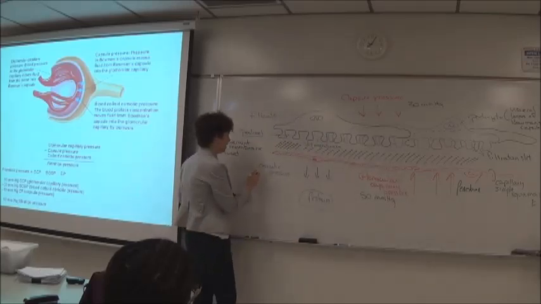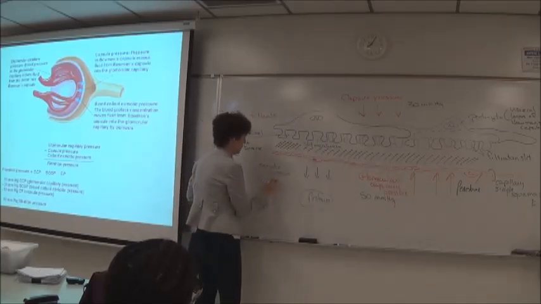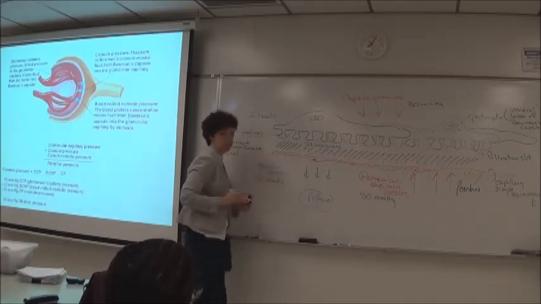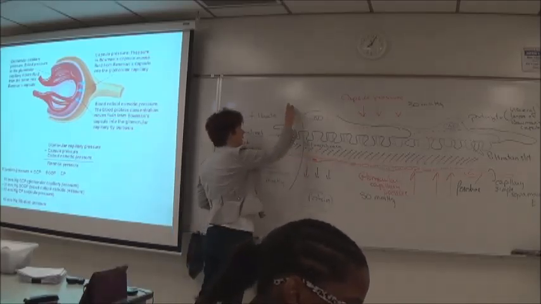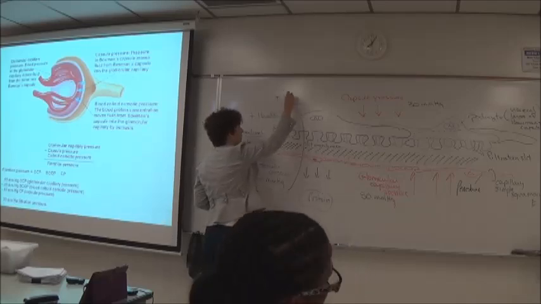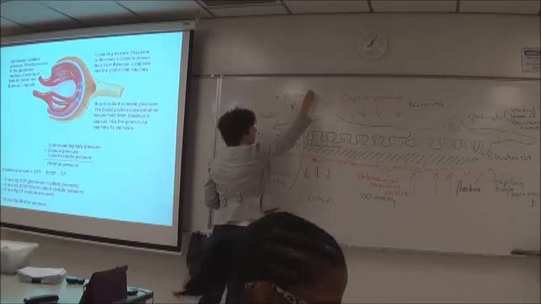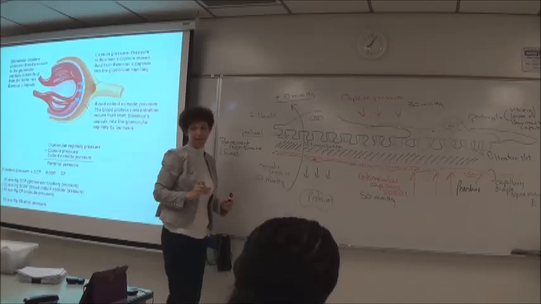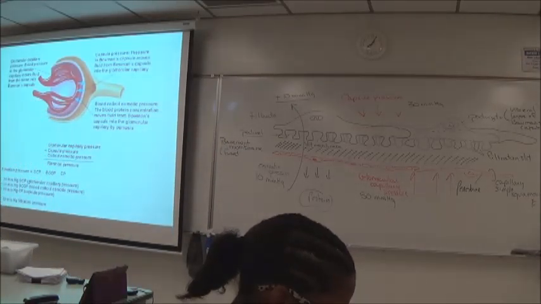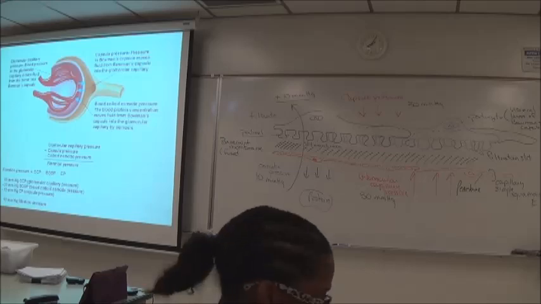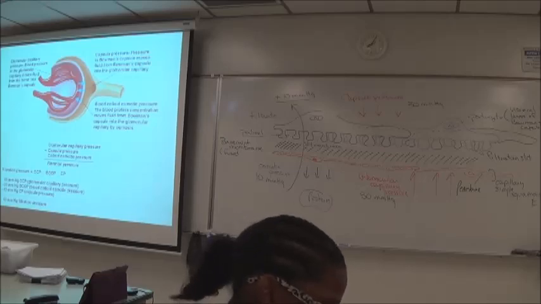And the osmotic pressure is approximately 10 millimeters of mercury. So we have a net filtration pressure typically of 10 millimeters of the 50 that we started out with. All right, we typically have a net filtration pressure of 10 millimeters.